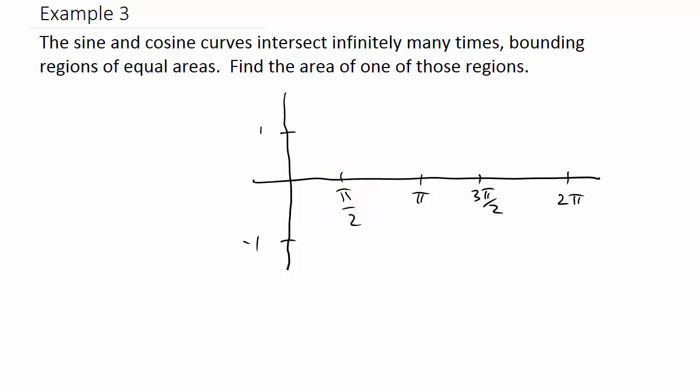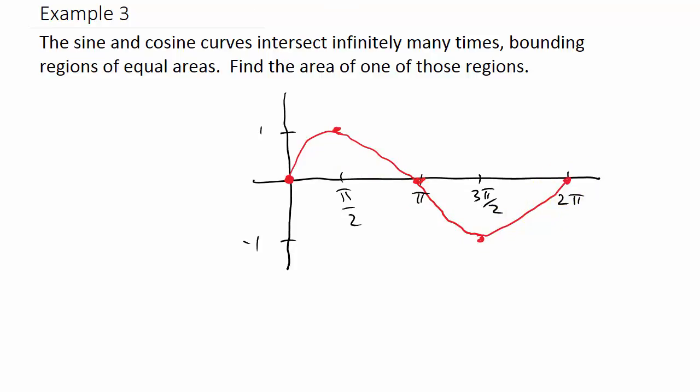So for the sine function, I'm going to do it in red. We know the sine starts at 0, then it goes to its maximum, 0, its minimum, and then back to 0. So the sine function is going to look like this.